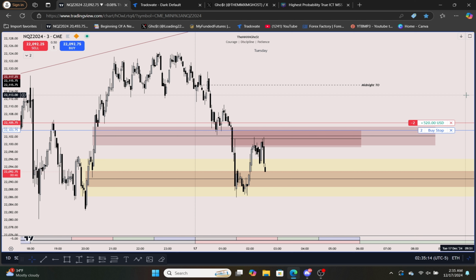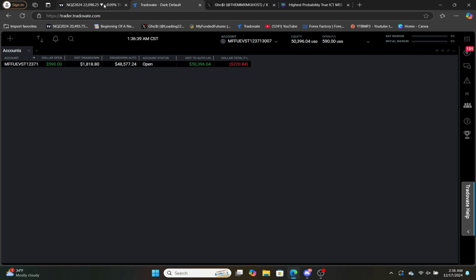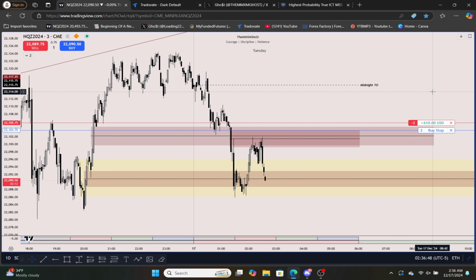Okay. So you can notice that I'm about to take my first partial. I'm actually going to annotate where sell side liquidity lies. It's pretty clear. Majority of you guys, beginner to intermediate students of ICT, should already see where the sell side that I'm targeting lies.